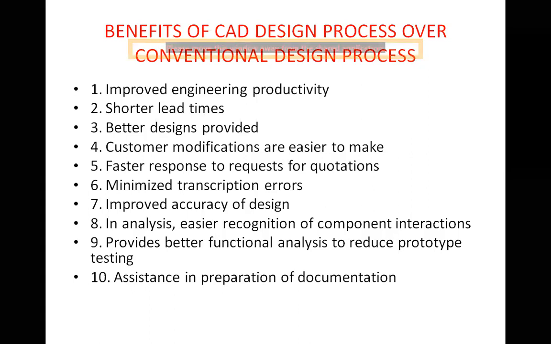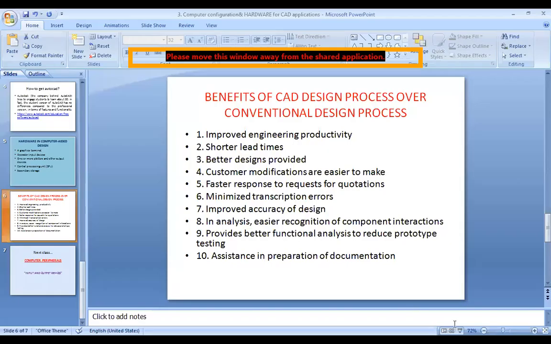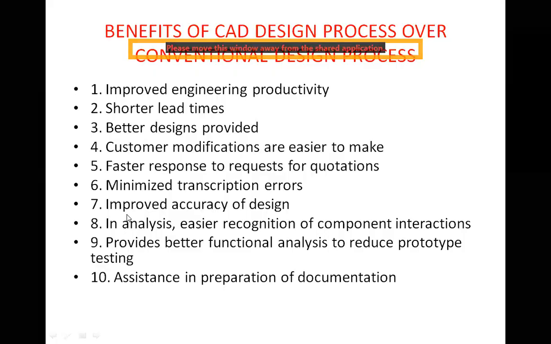In AutoCAD you can easily make modifications, get a faster response, and minimize transition errors. So we can minimize the number of errors and improve the accuracy of the design.